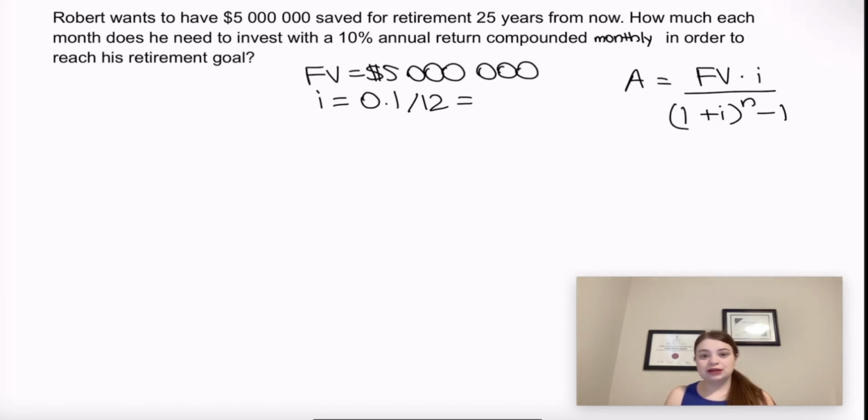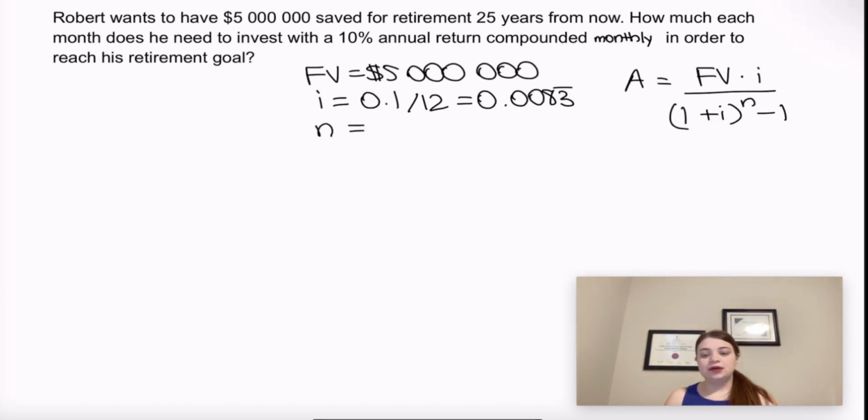And also they would like to know how much each month. So, how much monthly does he need to invest into this plan in order to end up with that $5 million that he would like to have? So this is going to be 0.0083 repeating.